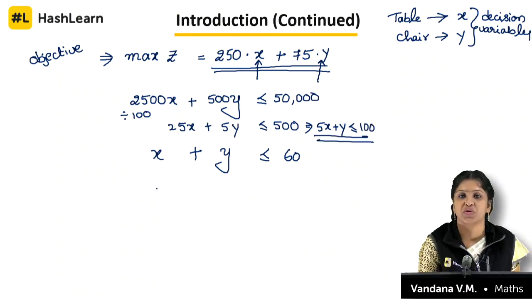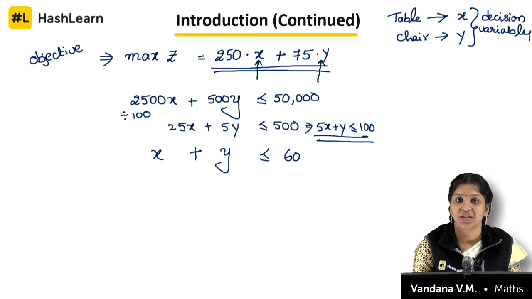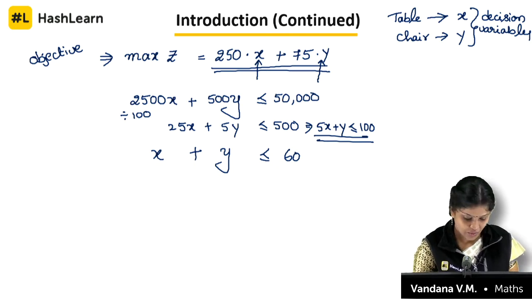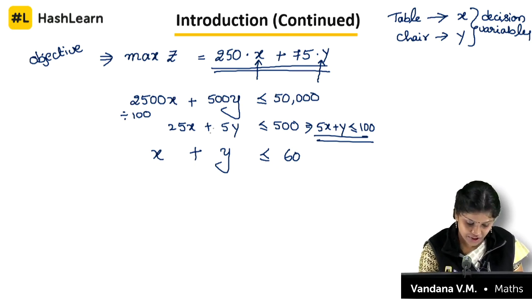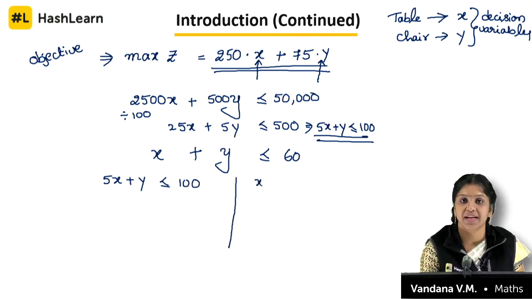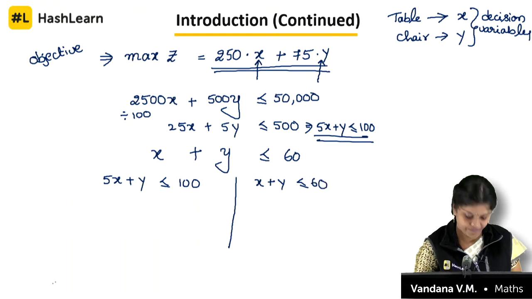This is equation number 1 and this is equation number 2. Now we are going to learn how to find the decision variables, x and y. So first take the first equation, 5x plus y is less than or equal to 100. The second equation is x plus y is less than or equal to 60.